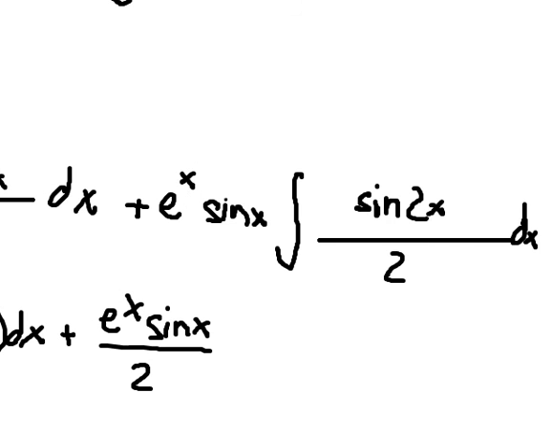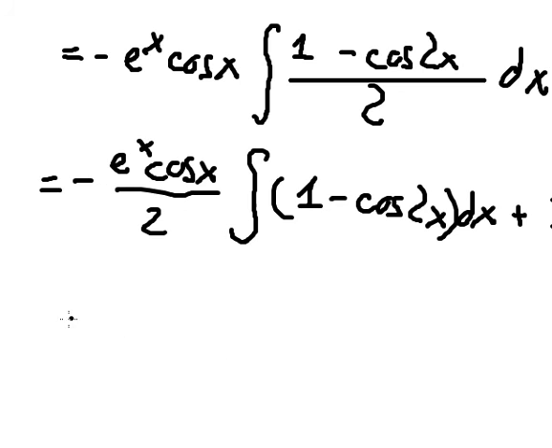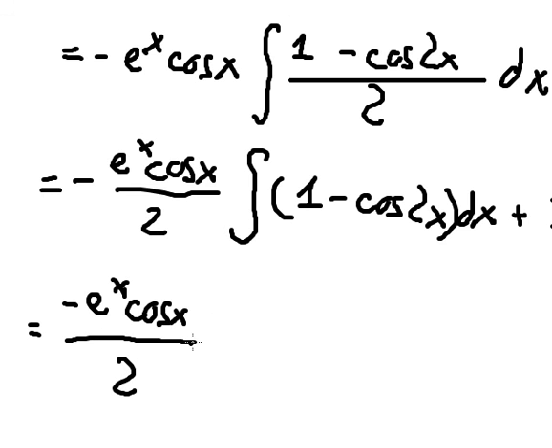The integration of sin 2s is negative 1 over 2 cosine 2s. This one, the integration of 1 is s.